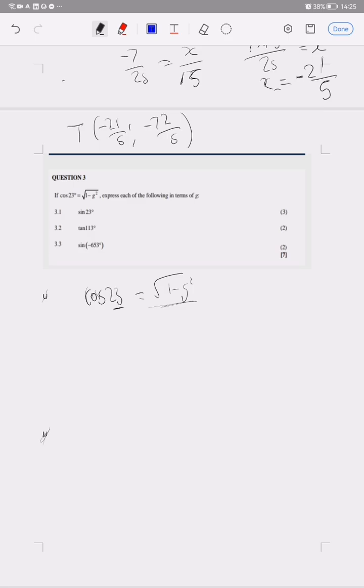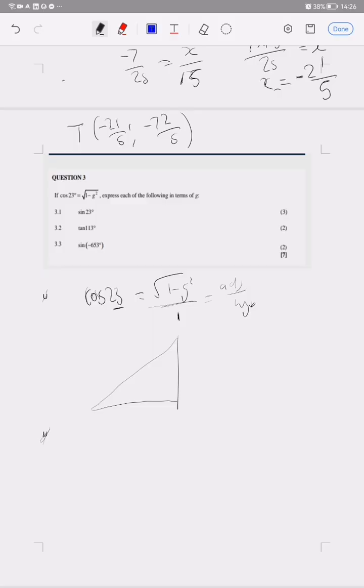Every time, just break it down here. This will be over a 1, and I know cos is just adjacent over hypotenuse. Right, so this is what I'm having.